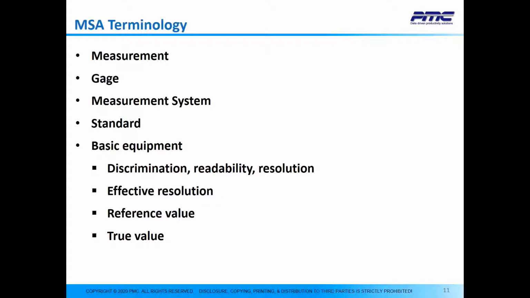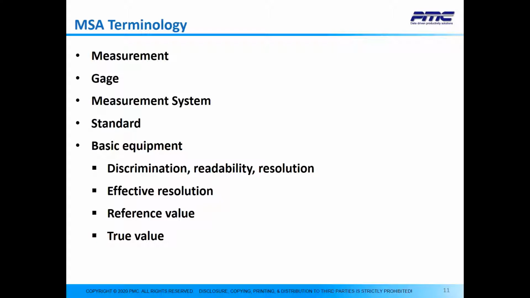So now that we know the high-level terms of measurement system analysis, let's look at some of the basic equipment-related terms. It starts with discrimination, readability, resolution. And for that, we need to define the LSD, which is the smallest readable unit, measurement resolution, scale limit, or detection limit. An inherent property fixed by design, also the smallest scale unit of a measurement or output for an instrument.